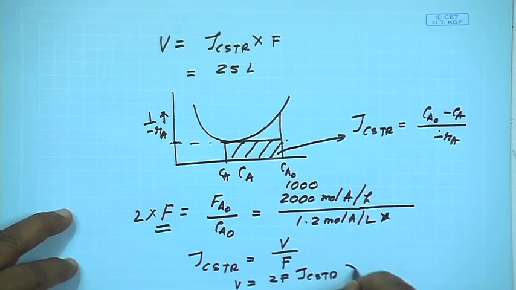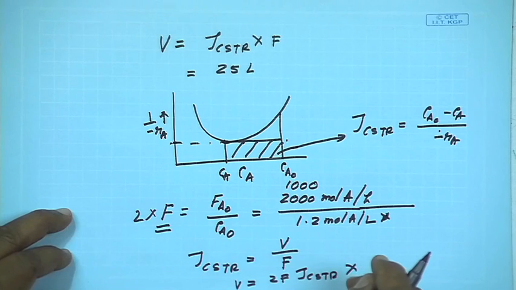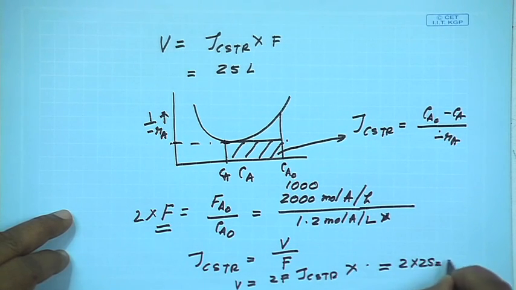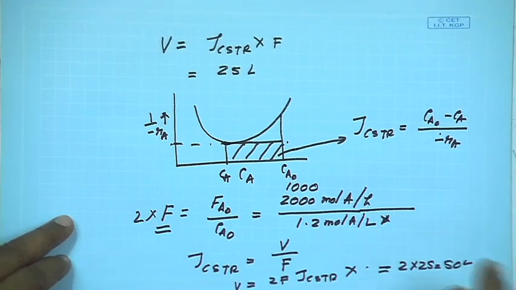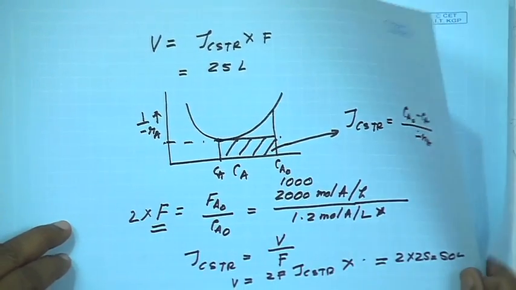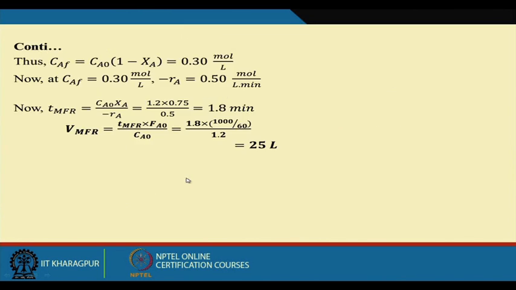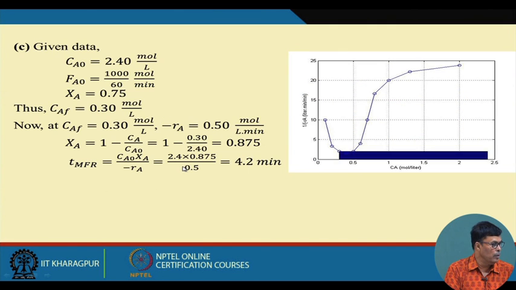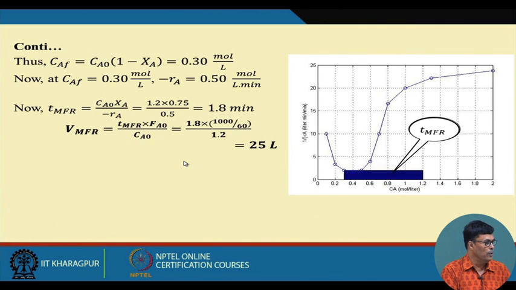So, basically if you double this, previously it was 25 liters, now it will be 2 into 25 liters, that is 50 liters. So, we can easily calculate the volume of that mixed flow reactor. You can easily do that. Now, we have solved this, and we have calculated 0.5.